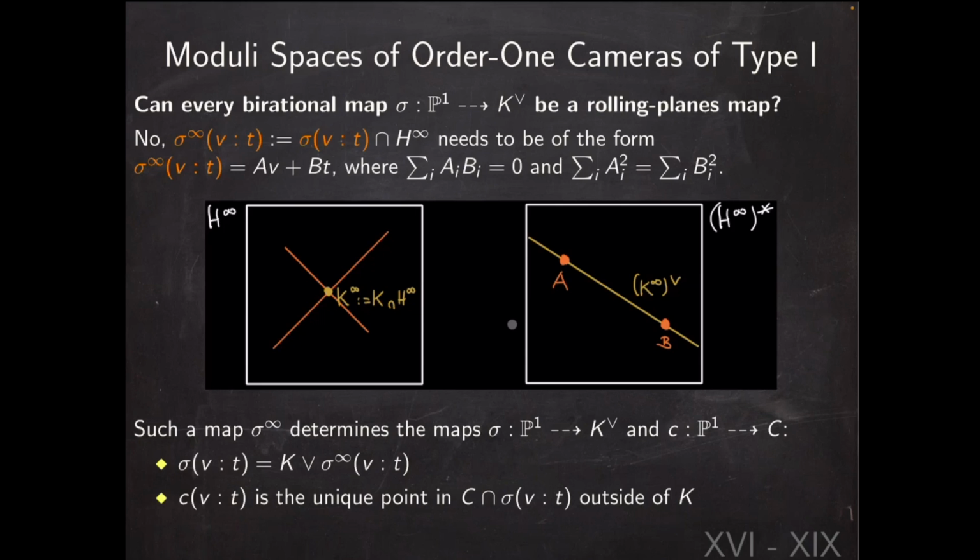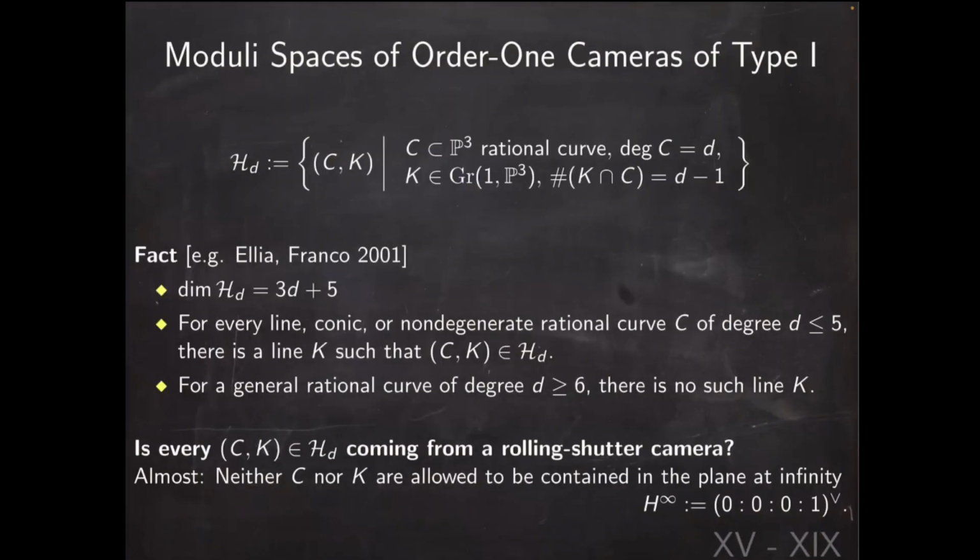Now I know this was maybe a little bit technical, but the story is that if I want to build a rolling shutter camera of order 1 following Kummer's type 1, I need to start by choosing a pair of a curve and a line that's a d minus 1 secant.